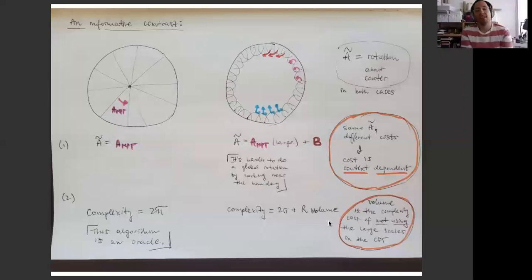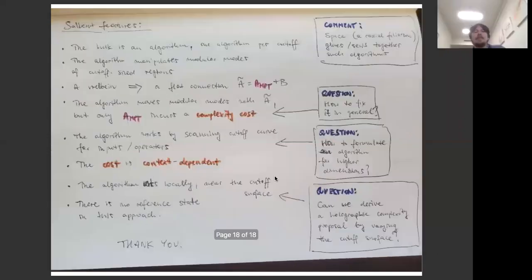And do you have some ideas how it can work in higher numbers of dimensions, or is it very specific? That's one of the questions that I have here. So the algorithm works by scanning the cutoff curve. And in 2+1 dimensions, the cutoff curve is 1-dimensional, so I just have a single 1 form, and I just have to use it to parallel transport along the curve. In higher dimensions, I would have to have some kind of 2 form, and I'm not aware of a construction of such a 2 form.